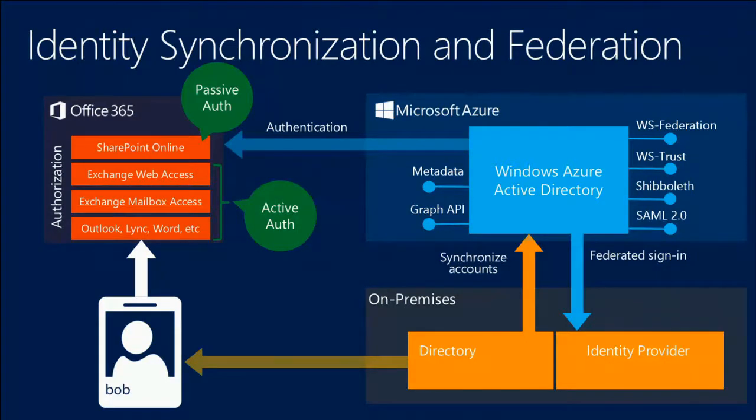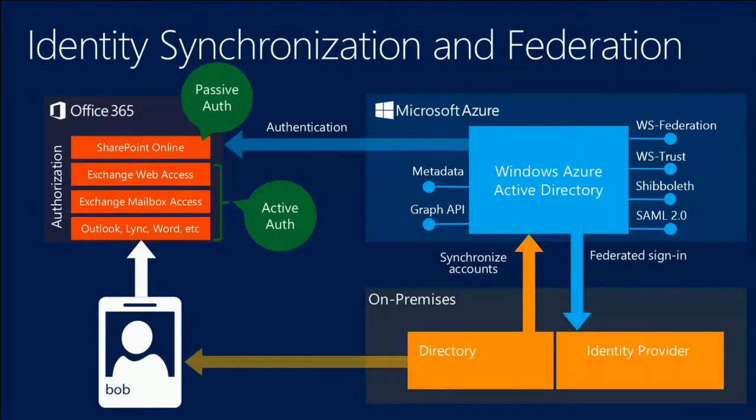There's another method that we currently use, which is called active auth. Active auth means the application does something. So this is where Outlook will show an enter your username and password dialog box, and Outlook has to grab that username and password and send it off to Exchange Online over an encrypted link.